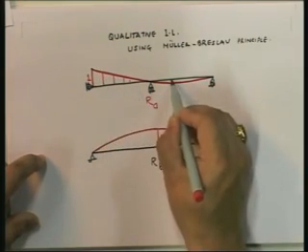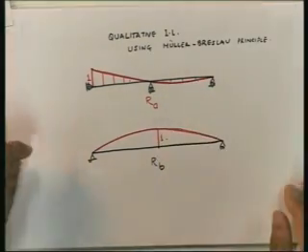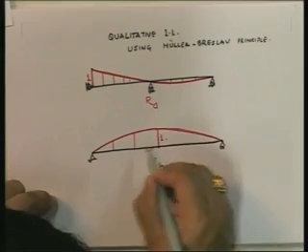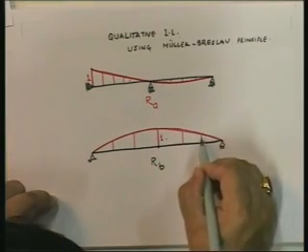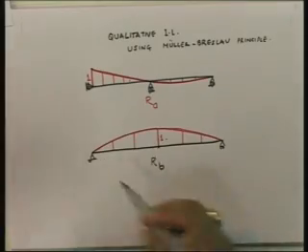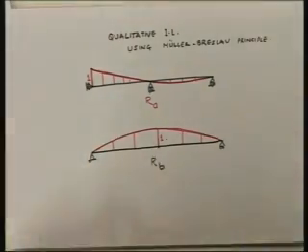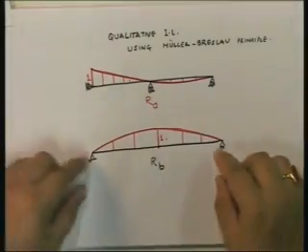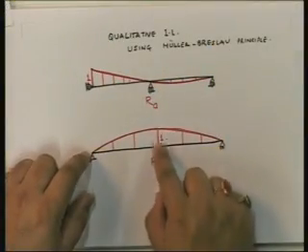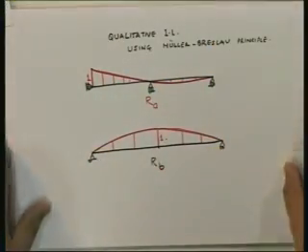Here, this displacement, this displacement, this displacement are all the same. If they are the same, it's symmetrical. That comes from the boundary conditions being symmetrical. You're giving a unit displacement at the point, so obviously it's going to be symmetrical.